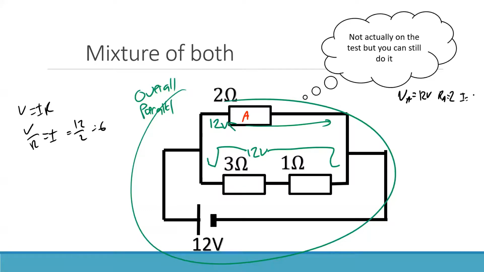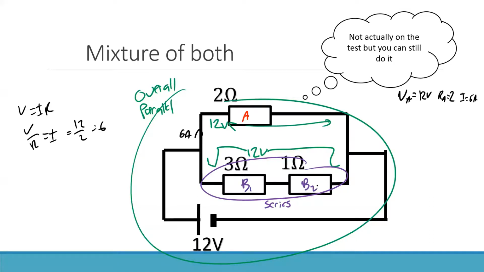We know that 6 amps goes through that top row here. But this bottom part here has got 2 small resistors. This section here is actually a series circuit because it's got one and the other. I could actually refer to this as B1 and B2.